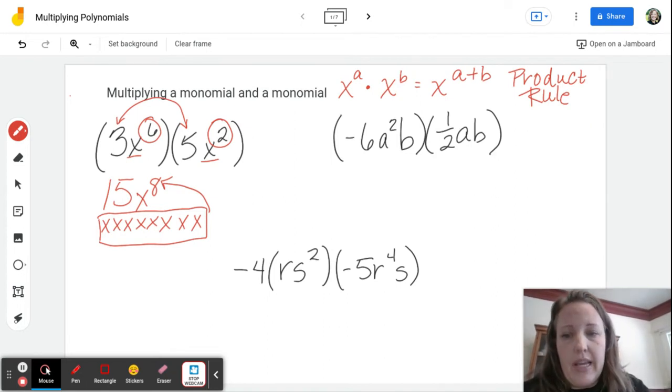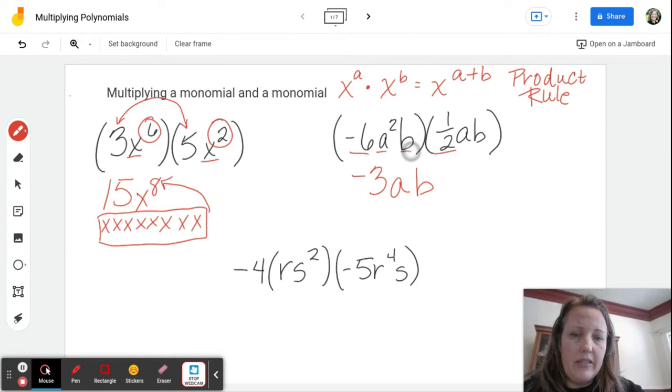Okay, so let's apply that here. The coefficients: negative 6 times a half, that's negative 3. And then I like to just write my bases. I have a base of a and a base of b. There are no other bases over here. So like bases, a and a, let's look.